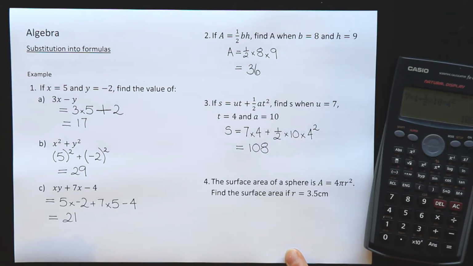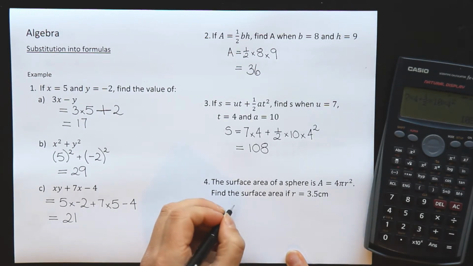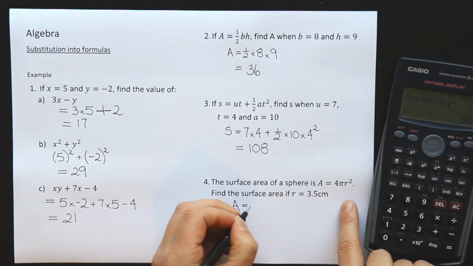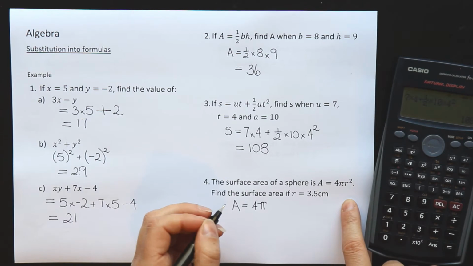Alright, question 4. The surface area of a sphere is A equals 4 pi r squared. Okay, we want to find the surface area if r is equal to 3.5 centimeters. Alright, we put our formula down. A equals 4 pi, now pi is already just a number, we don't need to change anything there.